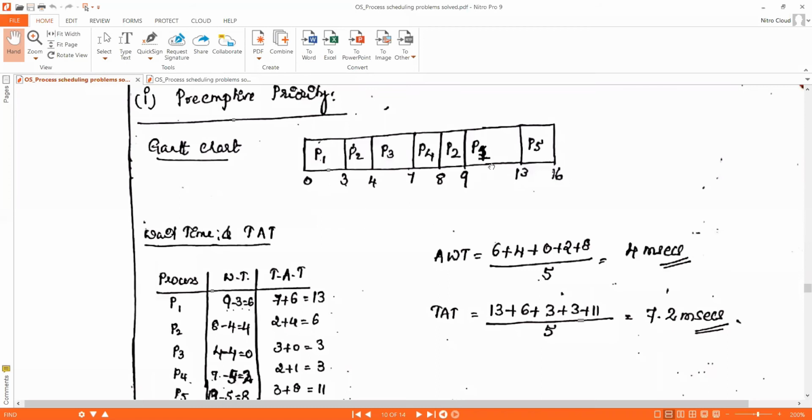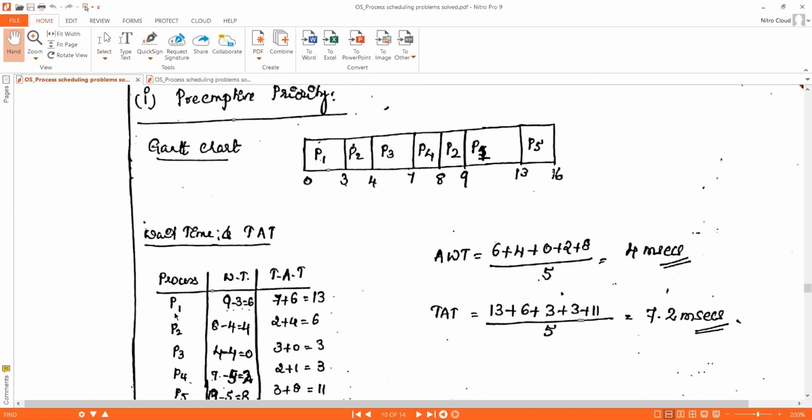Plus process 1 is allotted again at clock time 9 milliseconds, and 9 minus process 1's previous preempted time, which is 3 milliseconds. So 0 plus 9 minus 3 gives 6 milliseconds, the waiting time for process 1.